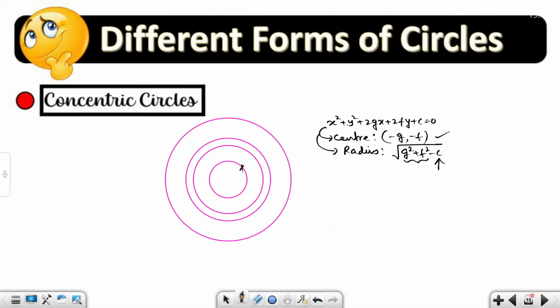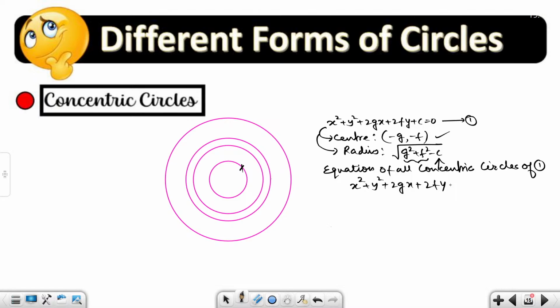Clear to all? Therefore, the equation of all concentric circles of this one, any concentric circle of this one, is given by this, and only this constant will differ.